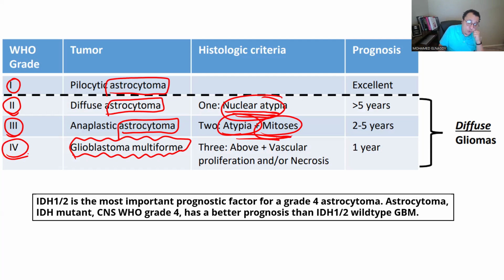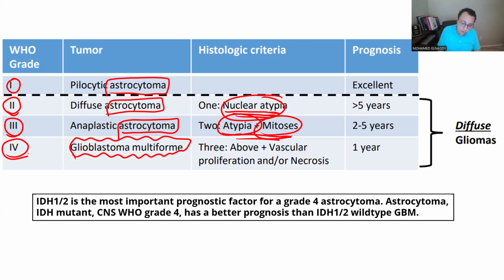Then the grade 4 glial neoplasm is either GBM or grade 4 astrocytoma. What determines which is the IDH status. If it's IDH wild type, it's the wild tumor, which is the GBM or glioblastoma multiforme. I always say wild type is the wild tumor.